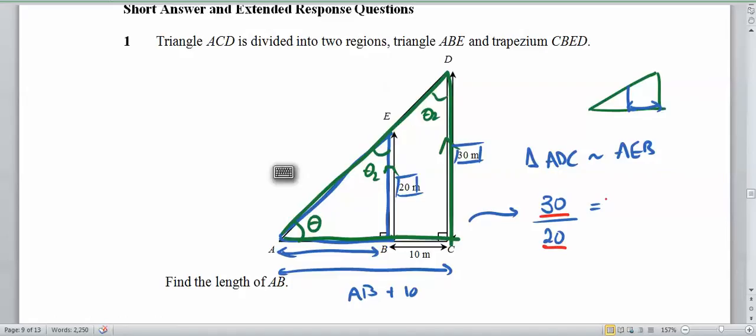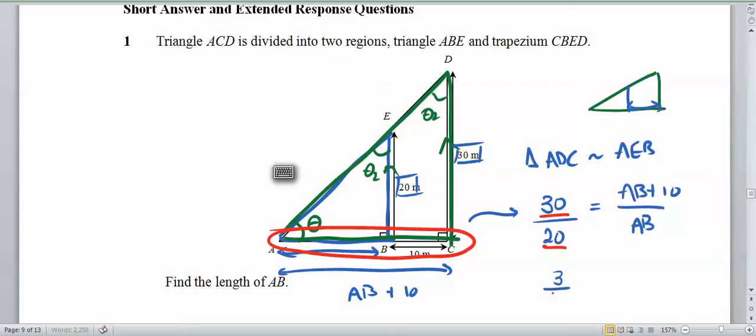We want to make sure that on the top part of this fraction we're looking at the bigger triangle. So the bigger triangle is going to be AB plus 10, and the smaller triangle is just going to have AB. Pretty straightforward, this one.